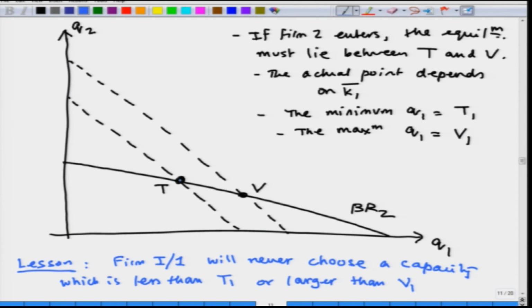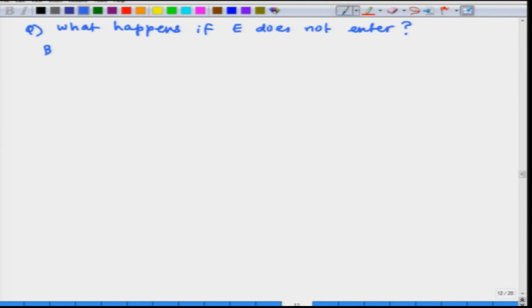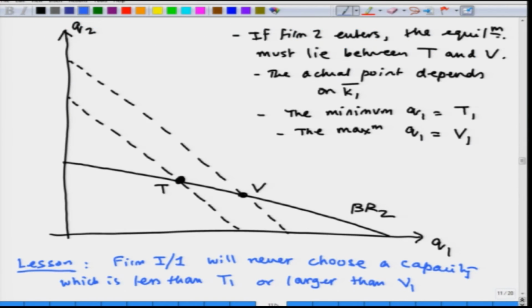The outcome T is the one which is most preferred by the entrant, because as we move further down along the best response function of firm 2, Q2 falls, which is not a very nice outcome for the entrant. So, the best possible Cournot outcome for the entrant is at T2, the output produced at this particular level.